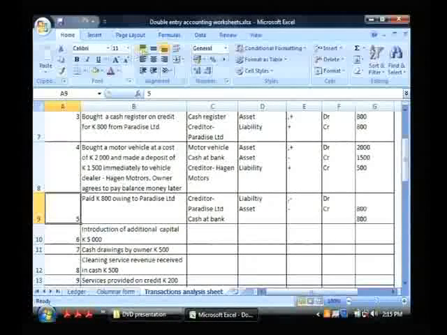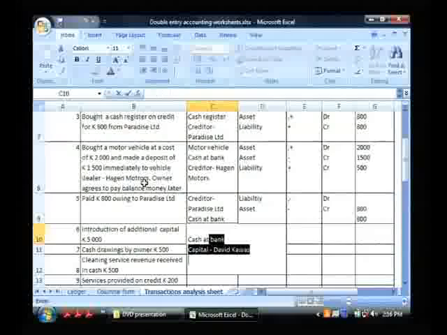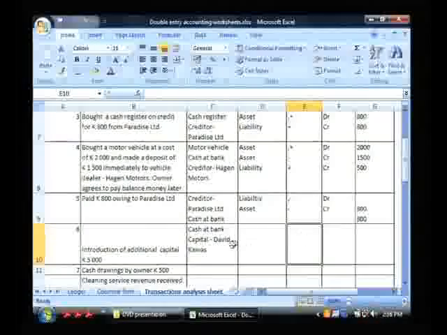Next one is introduction of additional capital, whether it is additional capital or initial capital. This transaction will increase capital and cash. So cash at bank, it is always better to write the debit first and then credit later. Cash at bank first and then capital, it is correct.